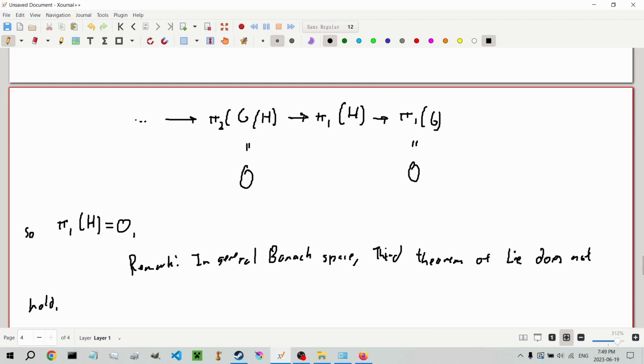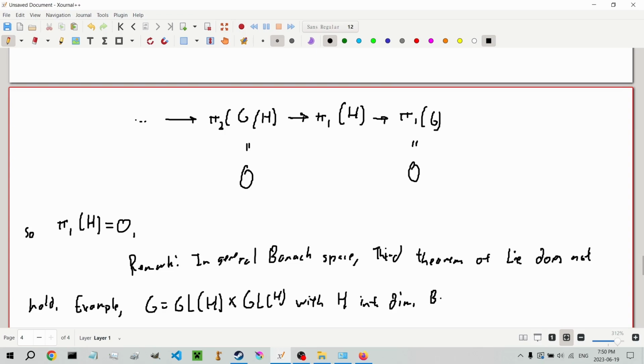For example, some of our earlier theorems actually don't even hold in general Banach space. We can take G to be the product of the general linear Lie group of H with itself, with H an infinite dimensional Banach space.